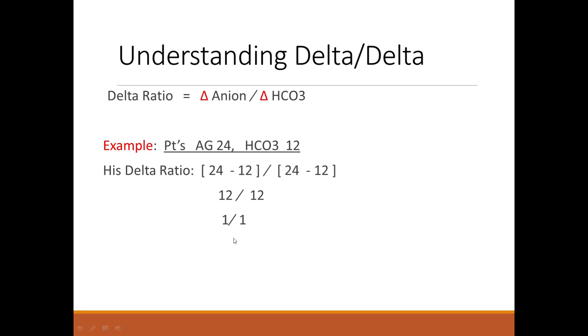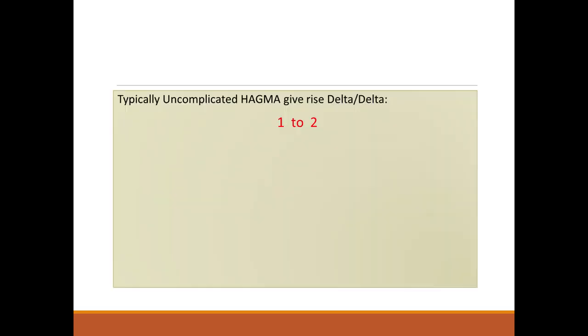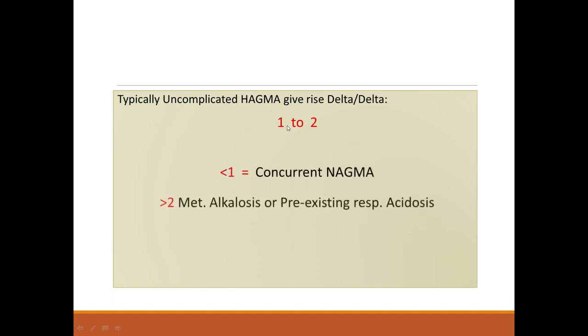But if we encounter high anion gap metabolic acidosis, the ratio is typically between 1 and 2. We have said the typical is 1, but the range is 1 towards 2. The nearer to 2 or more than 2 signifies some pre-existing retention of PCO2 or a concurrent metabolic alkalosis.